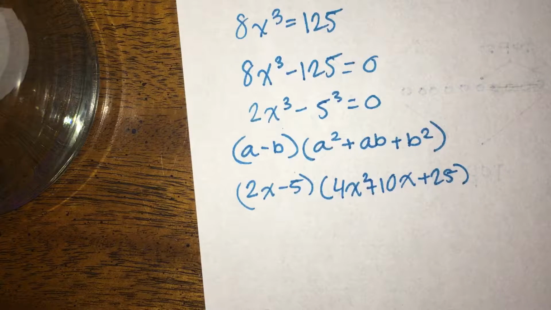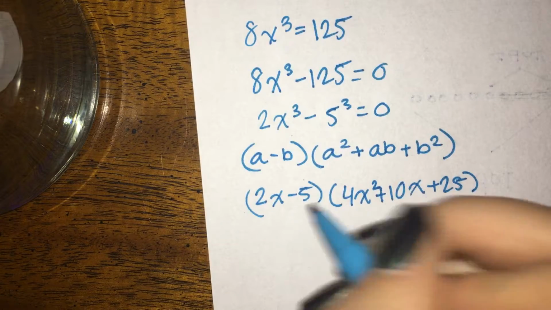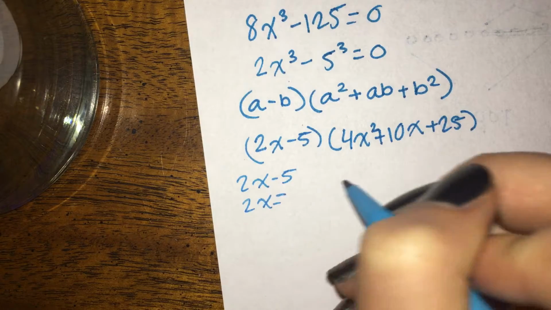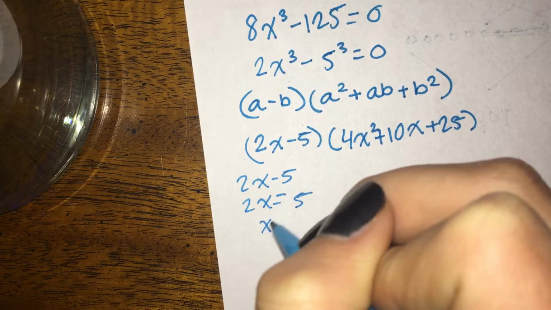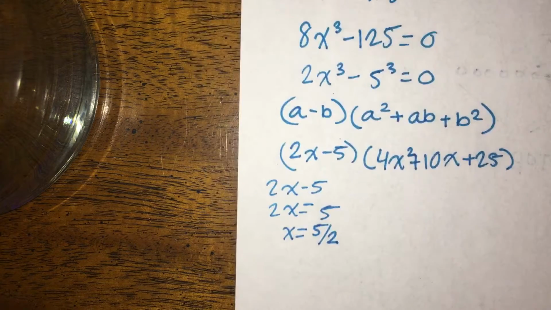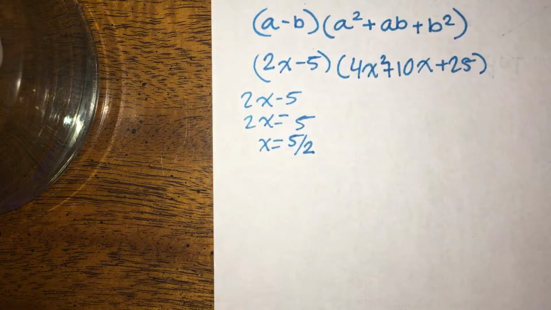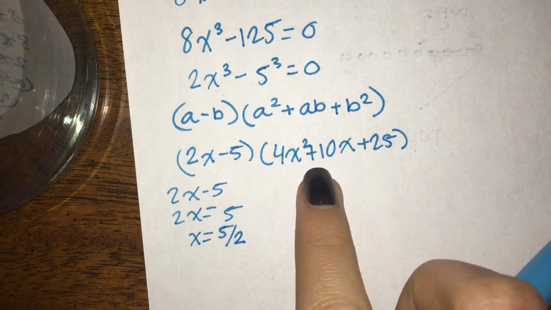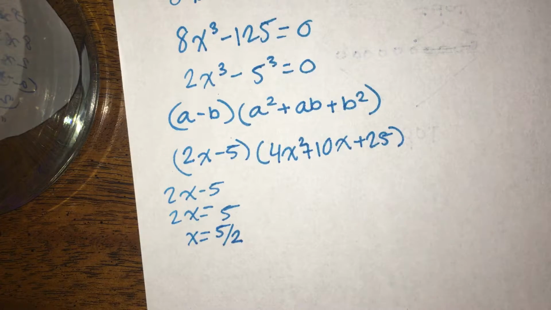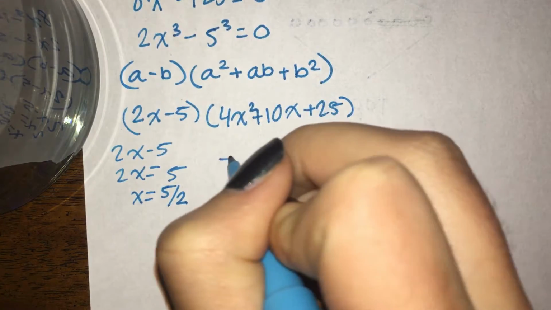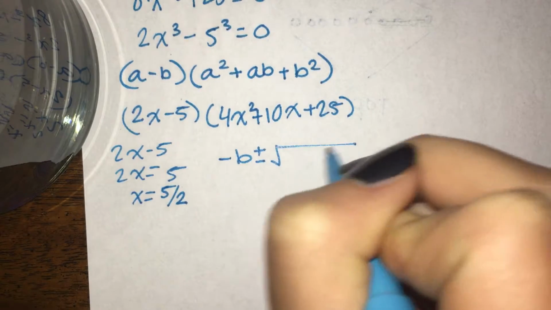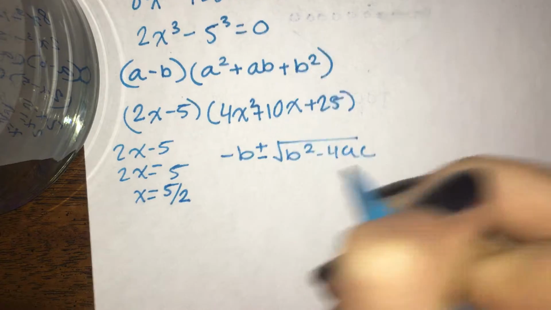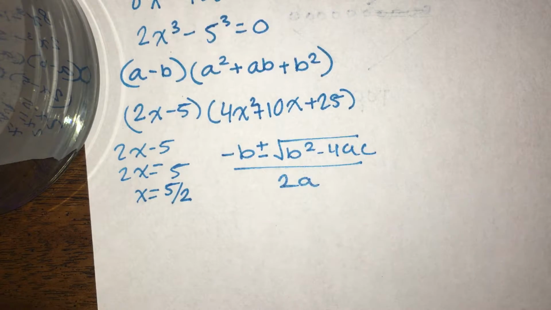So now I have to find what the x's equal. Here, you just find what x equals, add 5 to both sides, and then divide by 2, and you get 5 halves. Now, this is a little bit more tricky, because you can't really factor that out, so you have to use the quadratic formula, which is negative b plus or minus square root b squared minus 4ac over 2a.